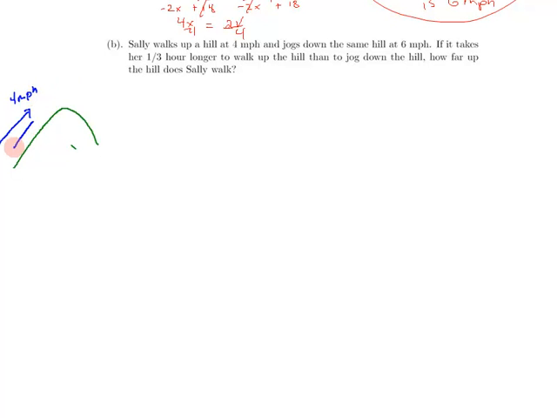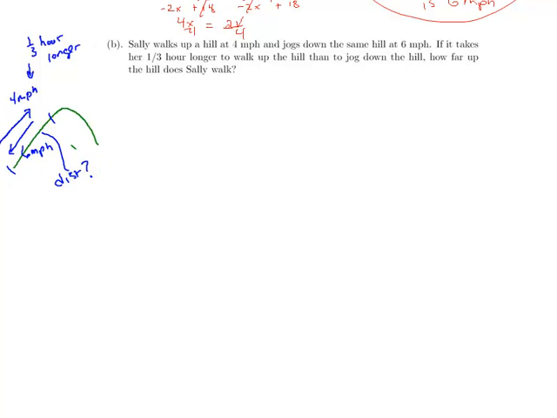She goes down the hill at 6 miles per hour. It takes her 1/3 of an hour longer to go up than it does to go down. The question is, how far up the hill does she go? What's the distance?